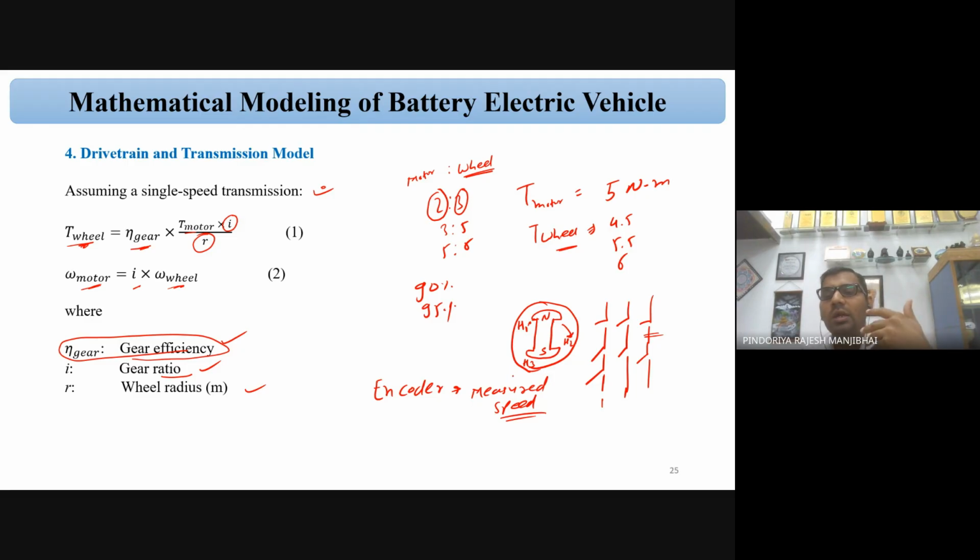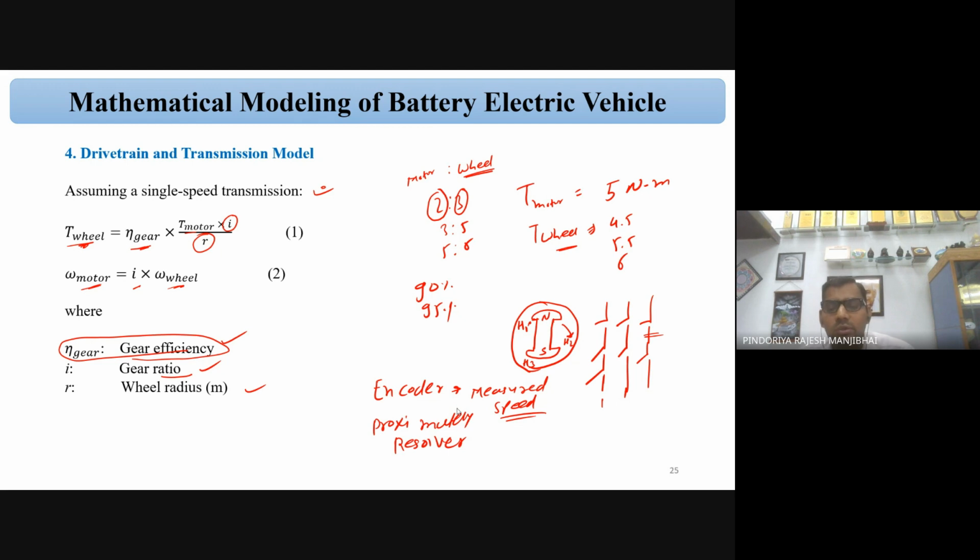We can also use a proximity sensor or a resolver. Many types of sensors are there to measure the speed. But by the Hall effect sensor, we cannot directly measure the speed, correct? Once you measure the rotor position, then you can operate the BLDC motor.